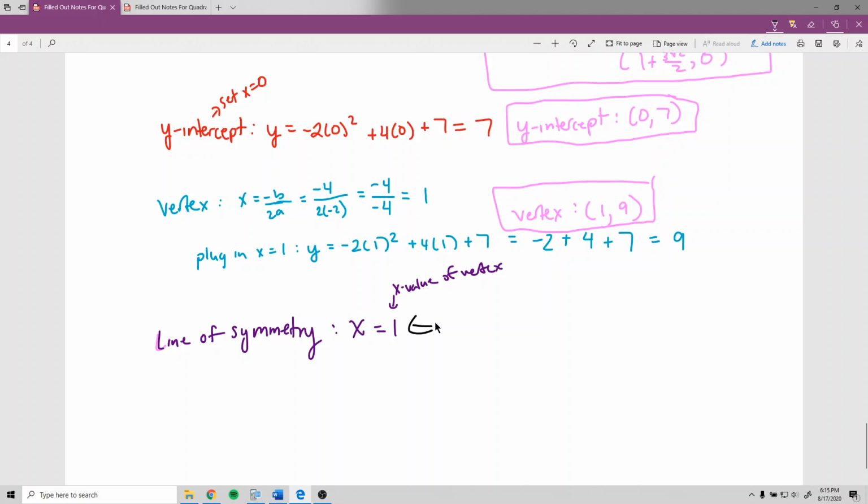Right, so I'll just reiterate that. You need the equation, you need the x equals part, just 1 is incorrect. Right, but as far as parabolas, the graphs of quadratic functions go, that's all there is to it.